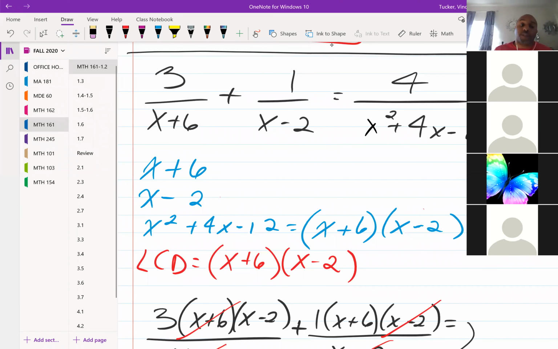So when we look at our LCD, it needs to be a combination of each denominator that you see, without any repeated quantities. So you have x plus 6, x minus 2, and then that third denominator is a combination of the two. So that's what we would use as our LCD, x plus 6 times x minus 2.